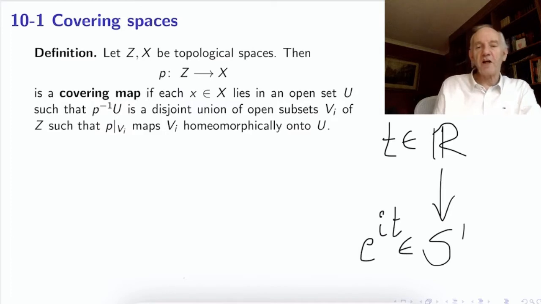In general, a covering map, and this is only a one-dimensional example, so it doesn't really give the full flavour of it. Covering maps are normally written vertically.